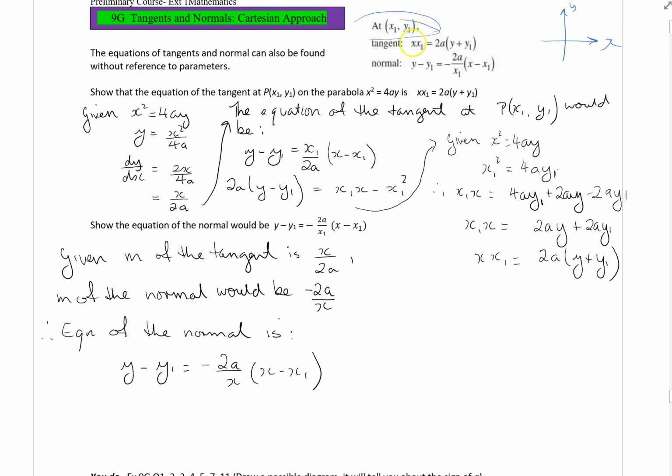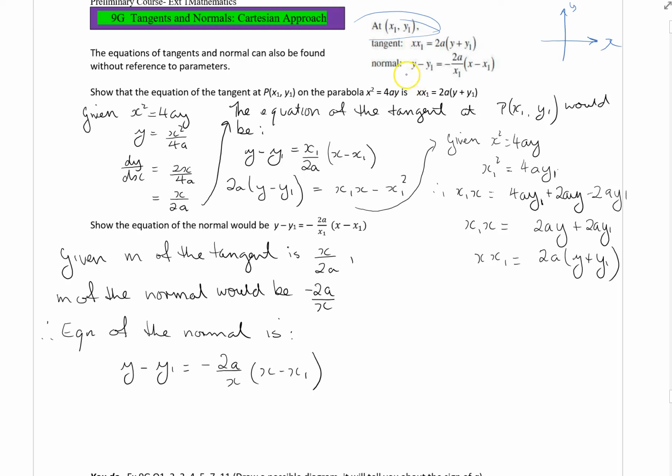These equations in your ordinary x and y, on your Cartesian plane, are also given on the formula sheet.